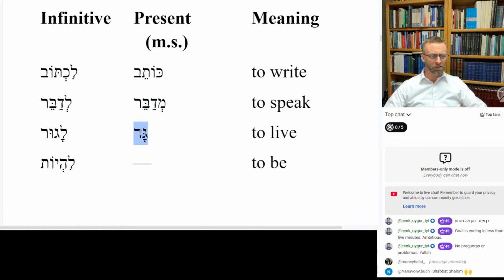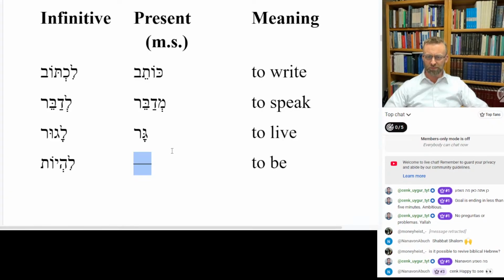And then gar is going to be the masculine singular present tense. And for lihyot, we don't have a present tense. Technically, there is a Hebrew form, but it is not used in everyday speech. The word would be hove, but we don't use it in everyday speech, so we'll just let that be.